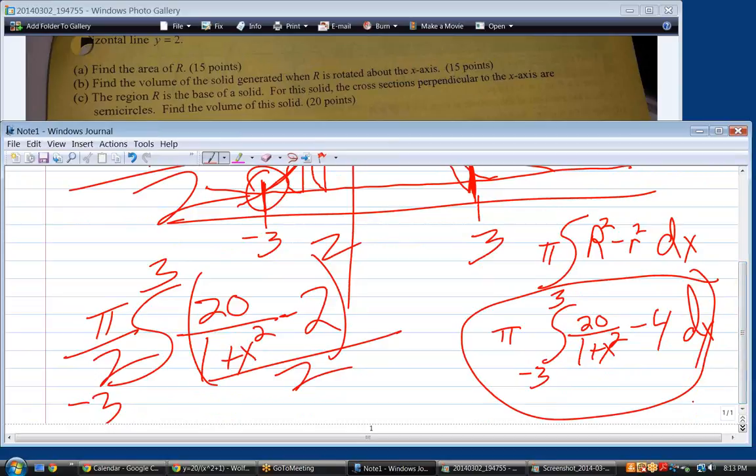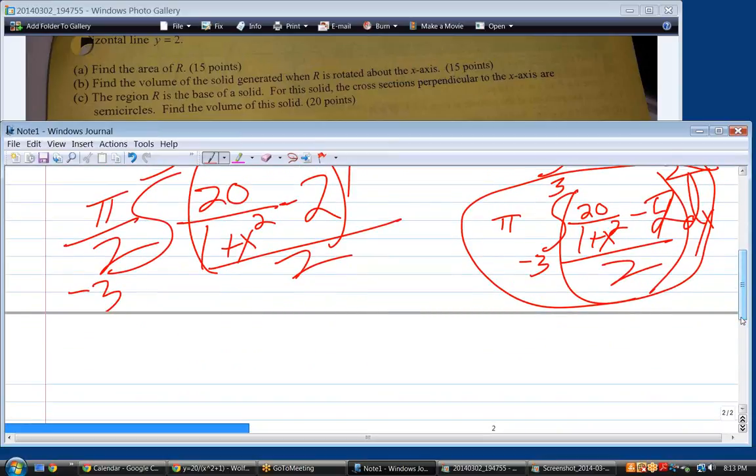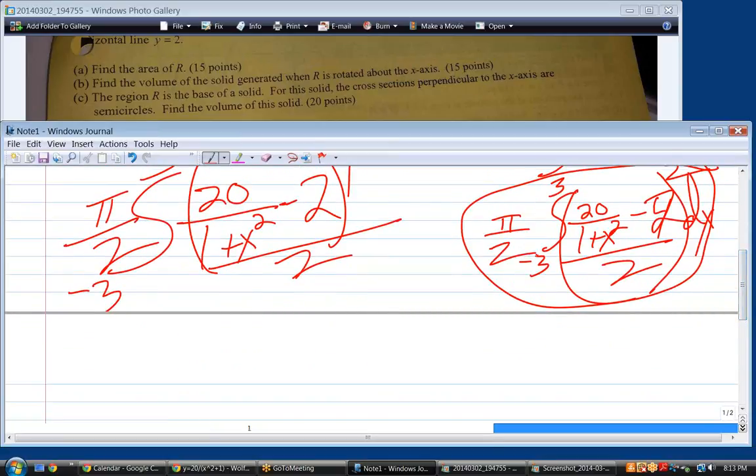So, what do we have here? We have the same thing as we have over here, only it's minus 2 divided by 2 squared. Now, let's simplify that a little bit. That's what we got so far. Right? Pi over 2 outside the integral sign, the radius squared inside the integral.